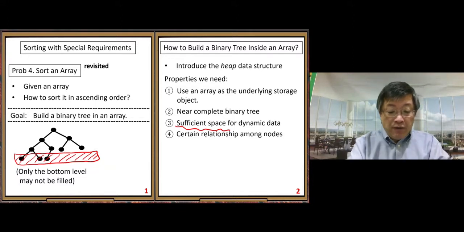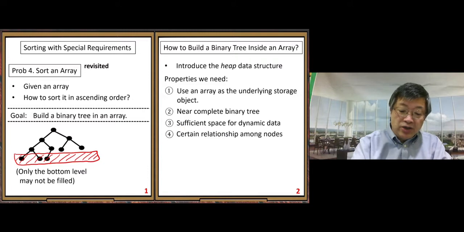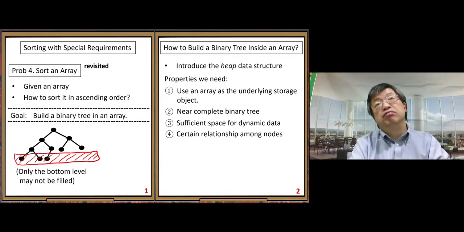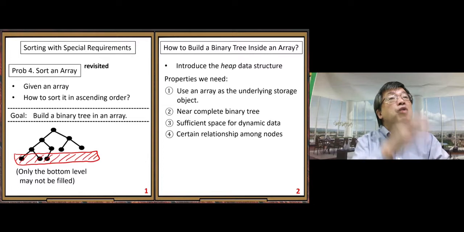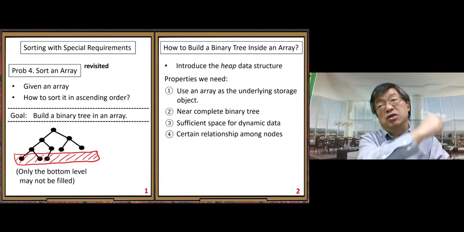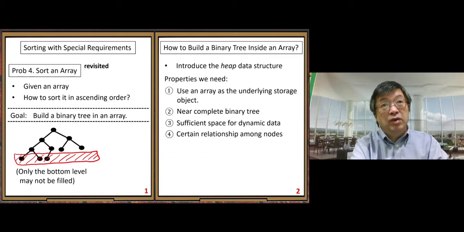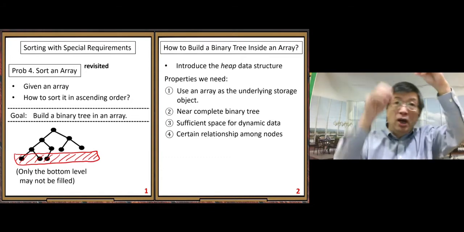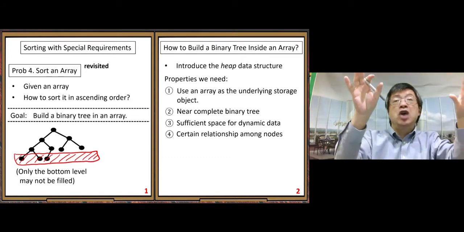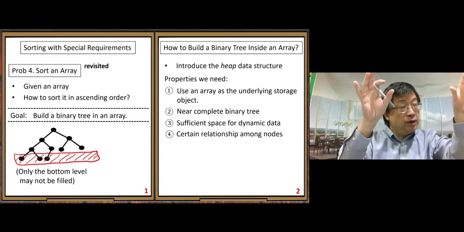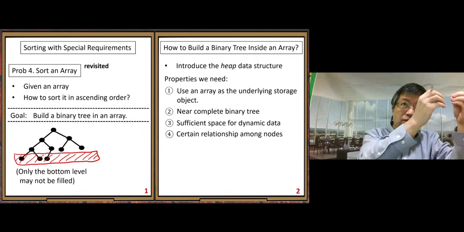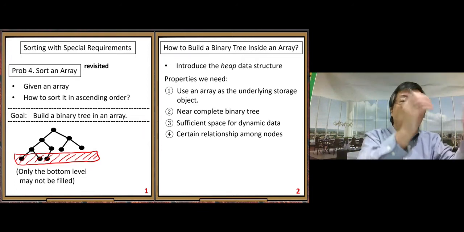All right. So number 4, certain relationship among nodes. So here the question: how do you represent a binary structure? The binary structure, we know there is a root node. Under the root node, 2 child nodes. For each current node in the tree, you may have 1 or 2 child nodes.